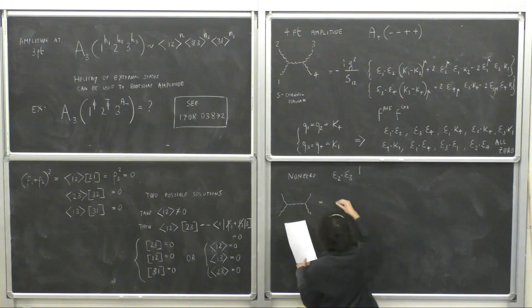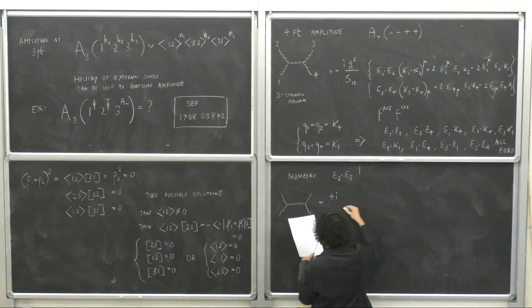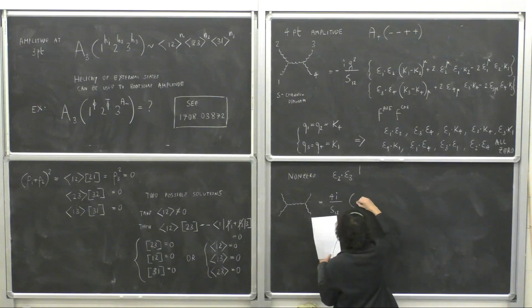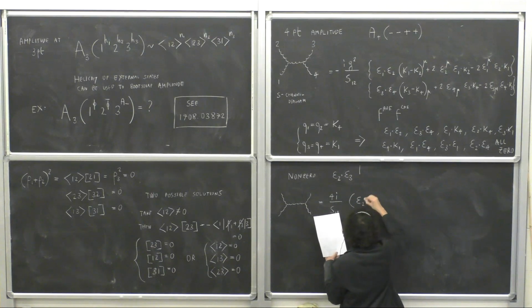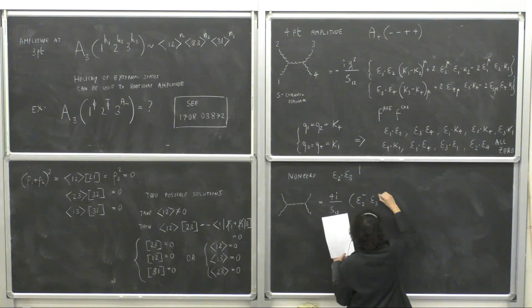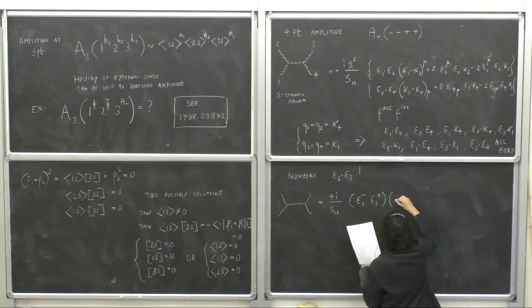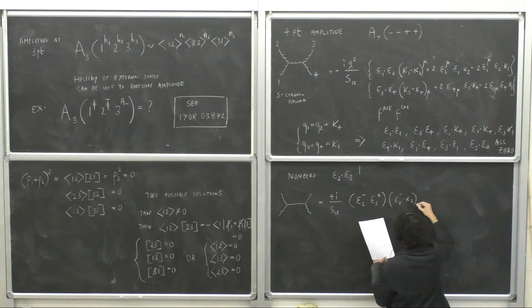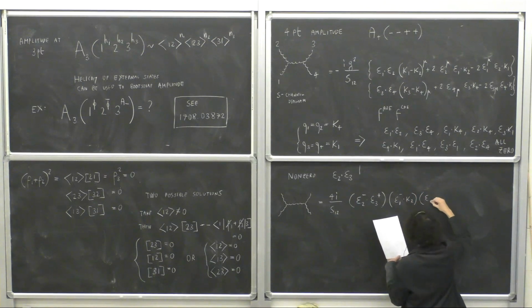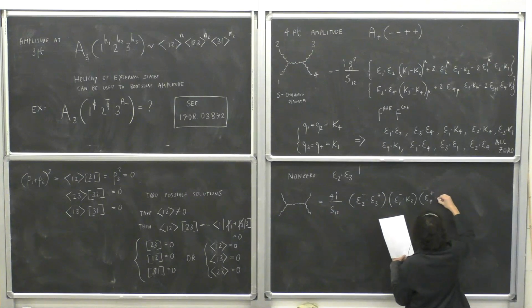So now this is equal to 4i s12, and then you have epsilon 2 dotted into epsilon 3. Again, I keep track of the polarizations, with an epsilon 1 minus dotted into k2. And here we have epsilon 4 plus dotted into k3.